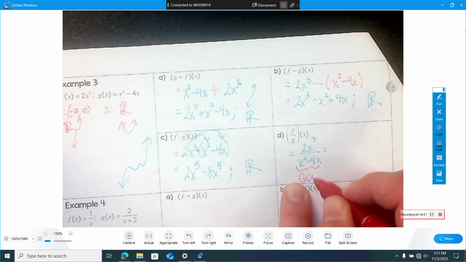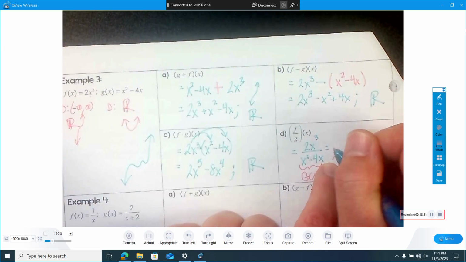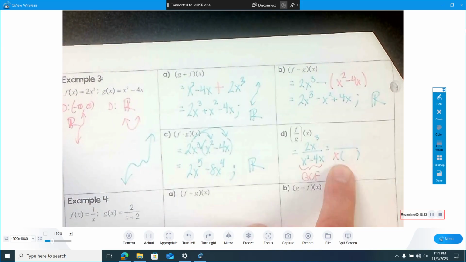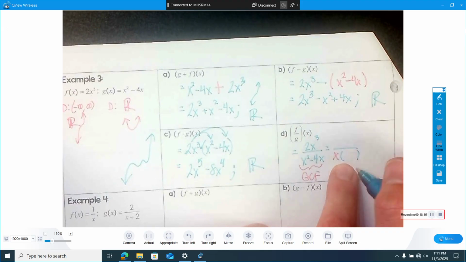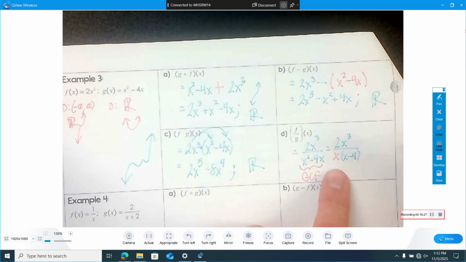Yeah, there's a greatest common factor. So I'm going to take out that x, undistribute the x. When I take out the x, what's left behind? X minus 4. And then on the numerator, we have 2x to the third. How does this simplify? What can we do to clean it up here?